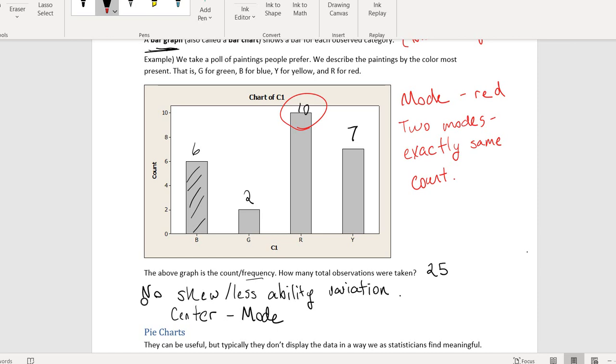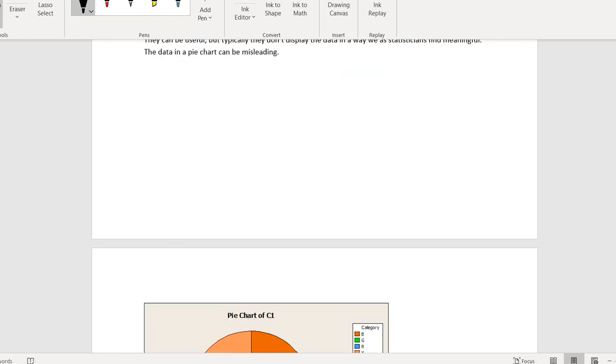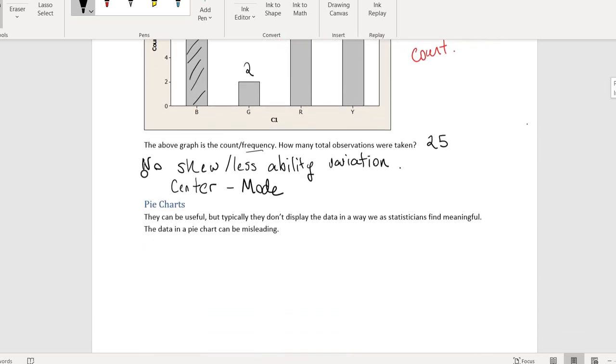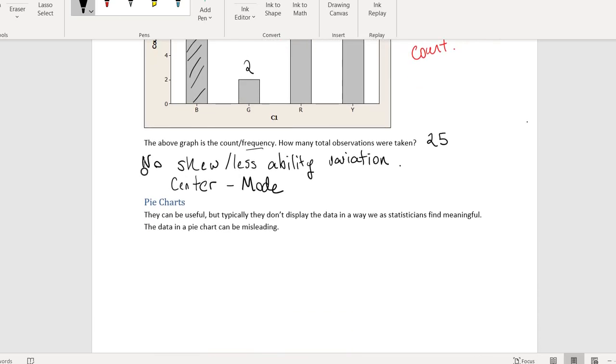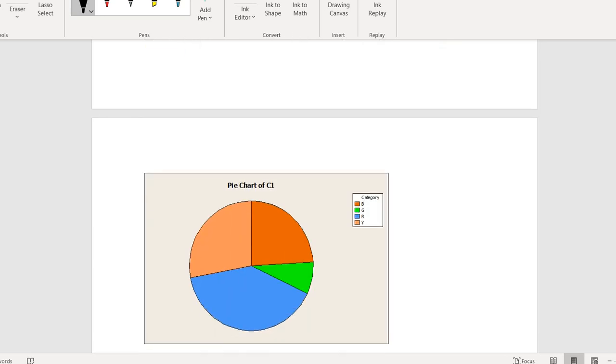Okay. So another way that we can look at organizing categorical data is using a pie chart. Even though pie charts are great, we usually don't use them in statistics because they usually lack a lot of information like percentages, counts, things like that, and they can also be misleading depending on how people make them.